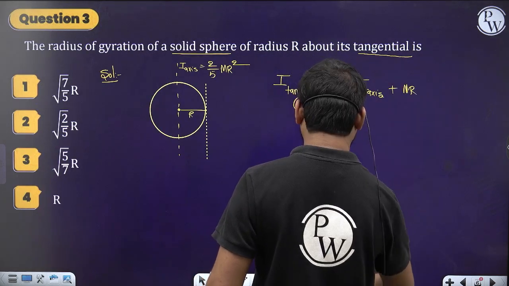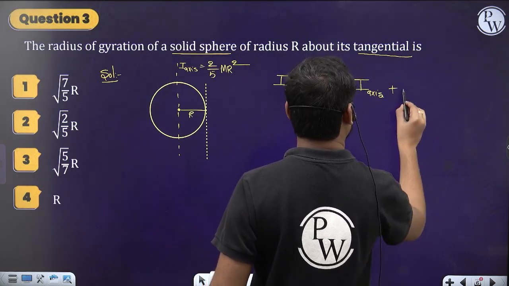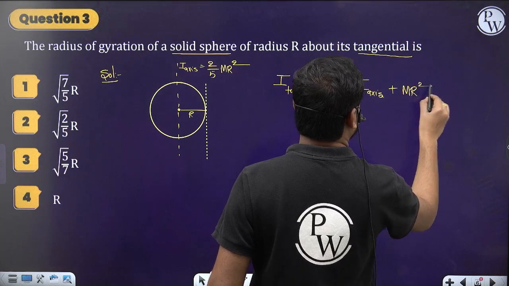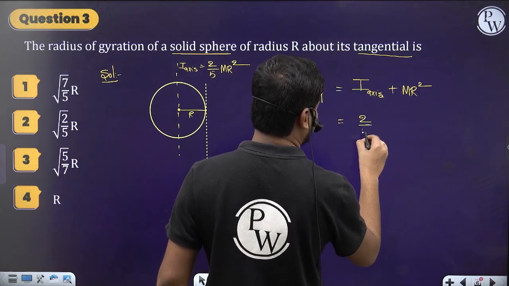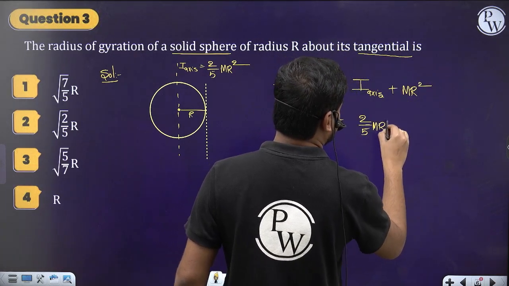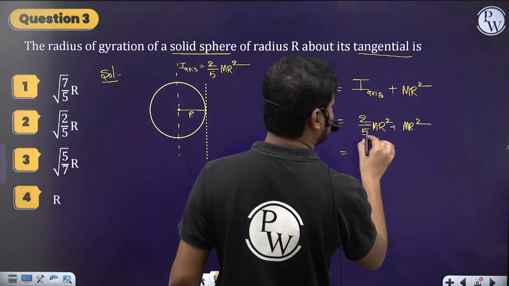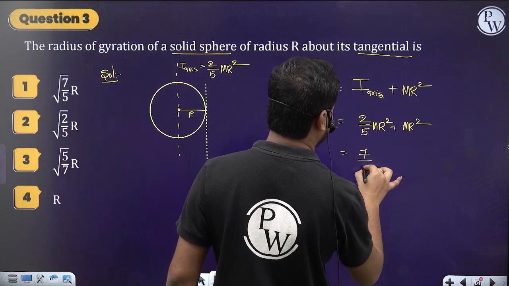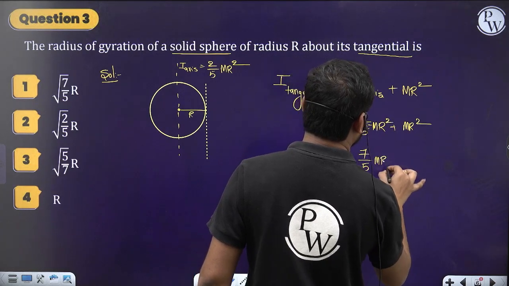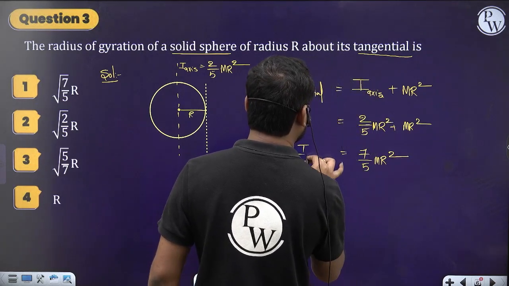Yes or no? This we already got as 2 by 5 mr square about its axis, plus mr square. So 2 mr square plus 5 mr square gives 7 by 5 mr square. So this is the moment of inertia about its tangential axis.